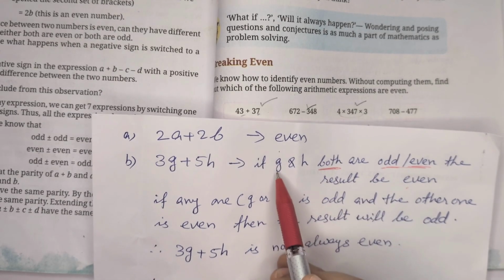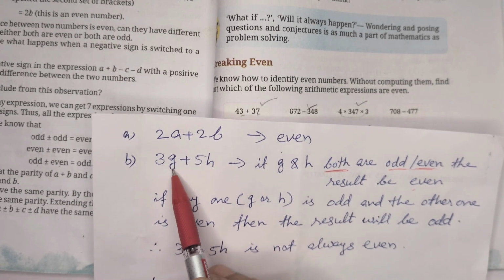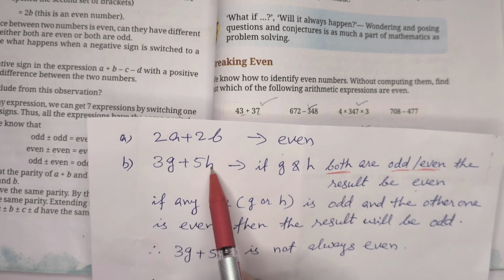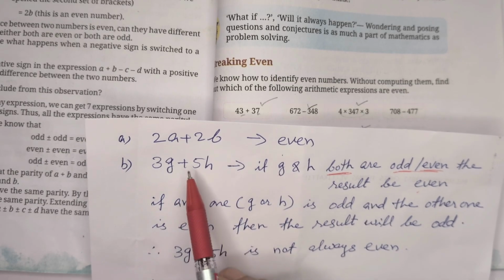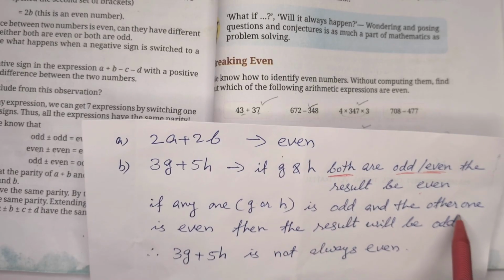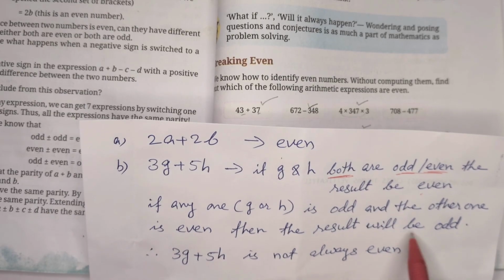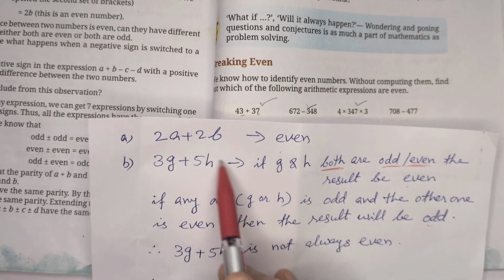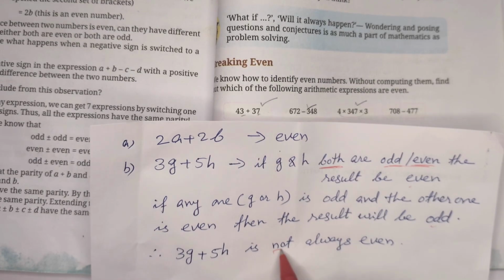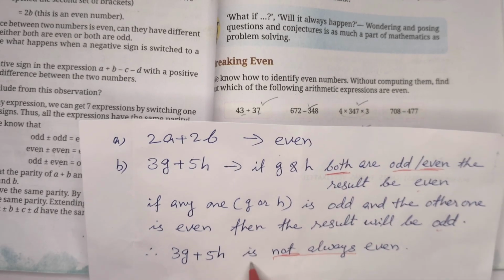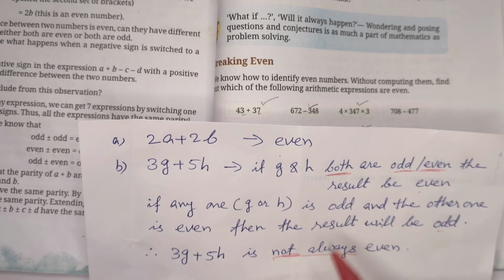But if g is odd and h is even, or g is even and h is odd, any one of g or h is odd and the other one is even, then the result will be odd. So we can write this expression 3g plus 5h is not always even. So no need to tick that one. This is not always, sometimes odd and sometimes even. So not always even.